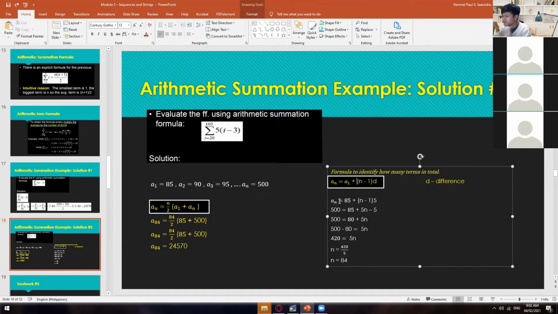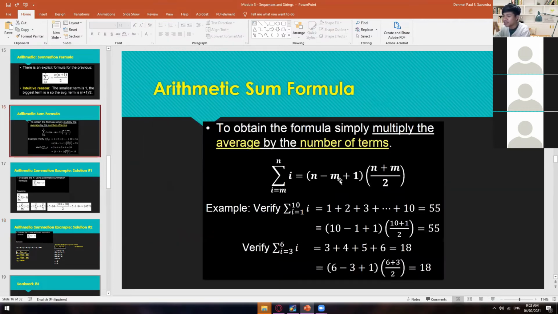I've just indicated it here in case you want a longer solution. But if you're going to get the total terms, you can actually use n minus n plus 1, which is just the same.